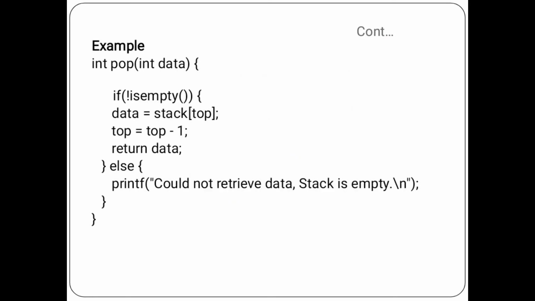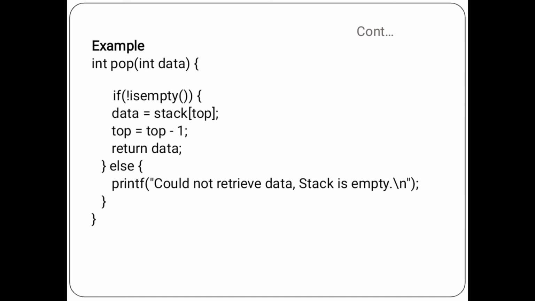Coming to the code, int pop with data. To pop the element, first it has to check whether the stack is empty or not. If it is not empty, then it will access the element from the top of the stack, so data is equal to stack of top.